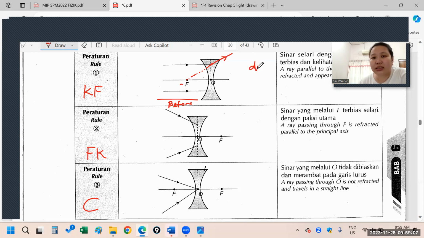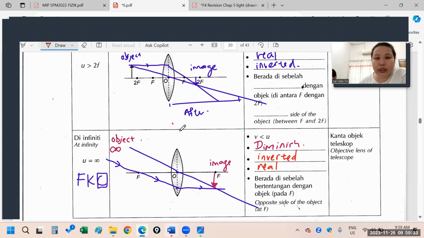So we say this is diverge line. Diverge 就是扩散它，分开的。So this one also the same thing. We diverge the line by using the f in front of the lens. That's why we say it's negative f. And this one we use the f after the lens, so it's positive.